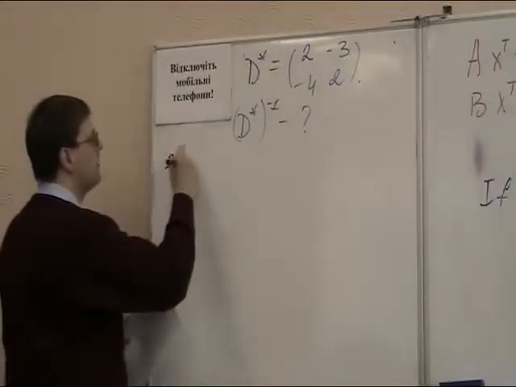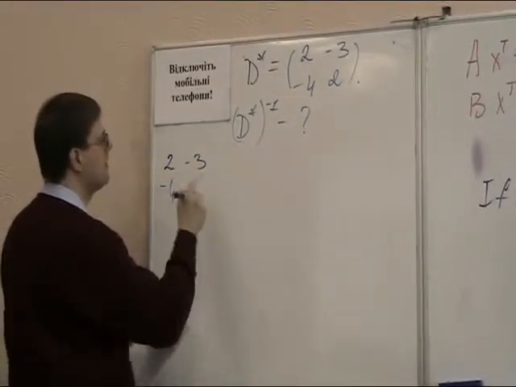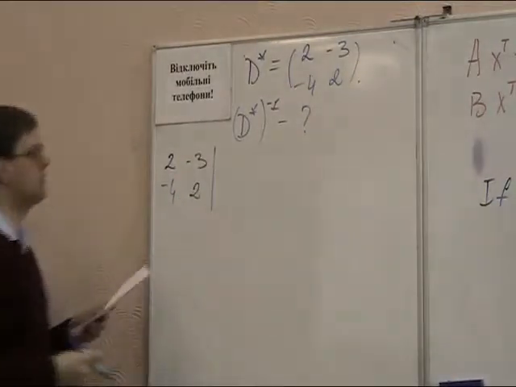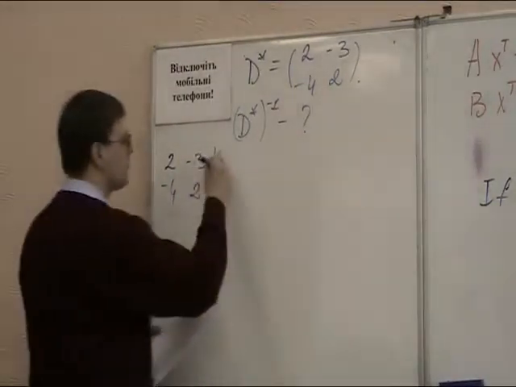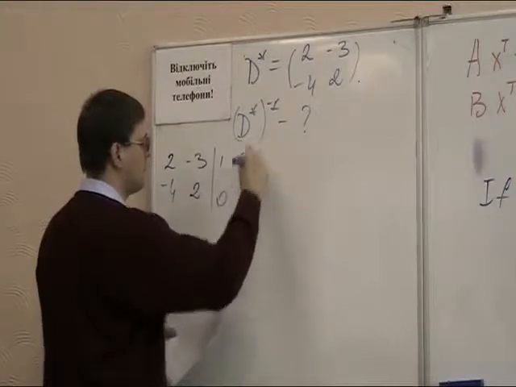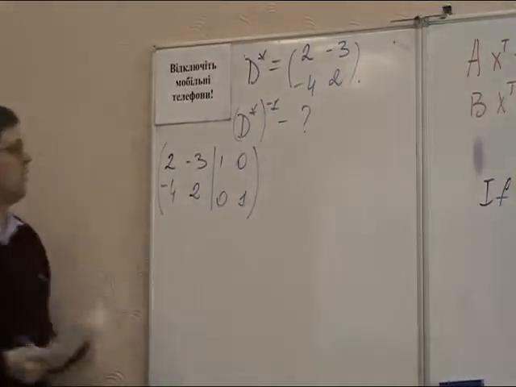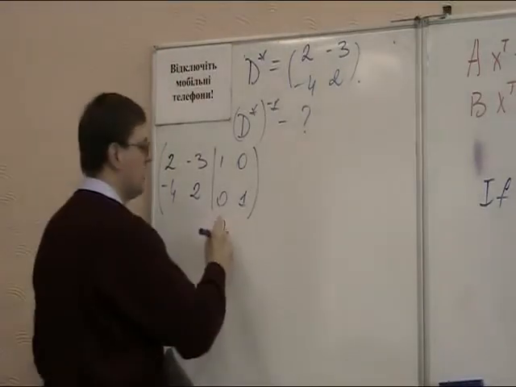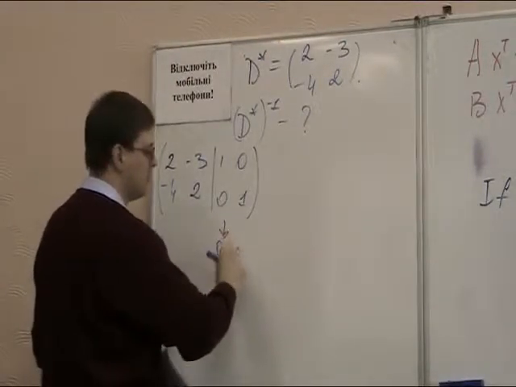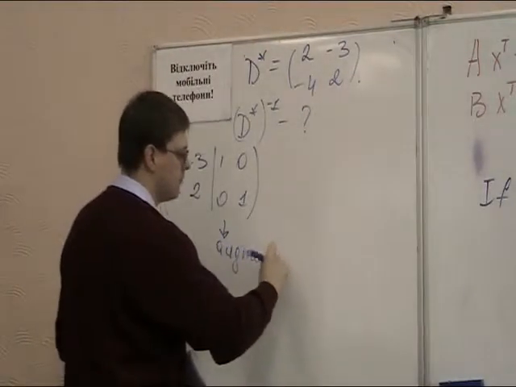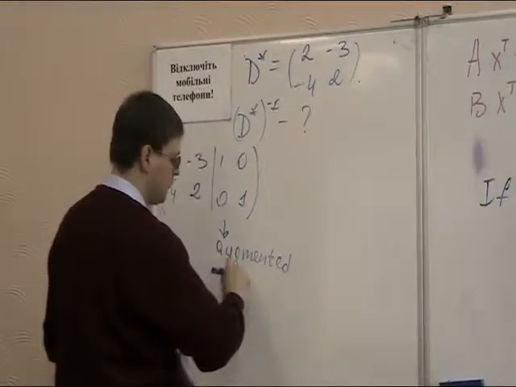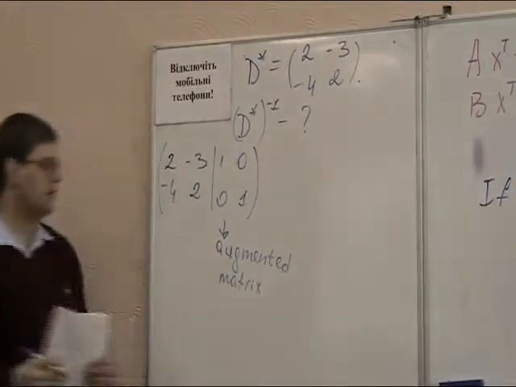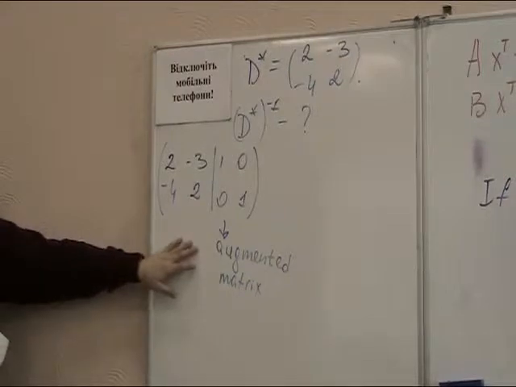So we basically write down this matrix here. I understand there are some other ways, but I would like to go through this one. We write down the same matrix here. We augment this. This is called an augmented matrix. Augmented means just added.